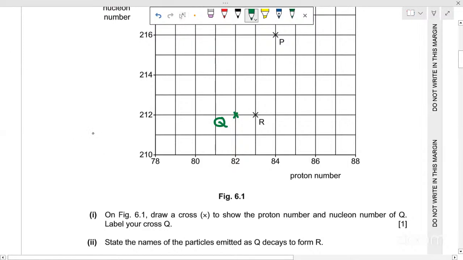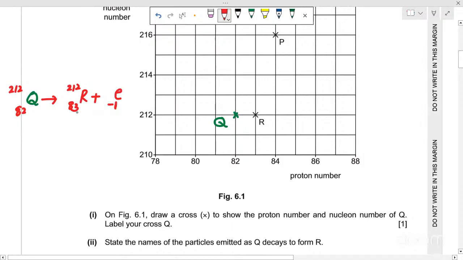If you know the basic equation of beta positive and beta negative particles, so write Q is 82 and 212, and R has 83 and 212. You know that if beta negative is emitted, then beta negative has proton number of -1.